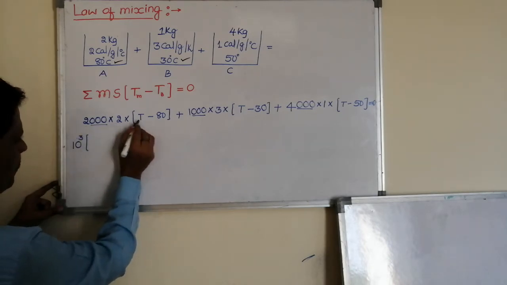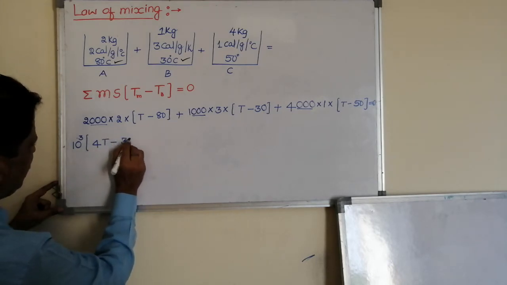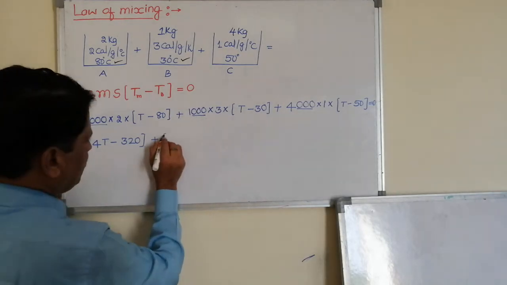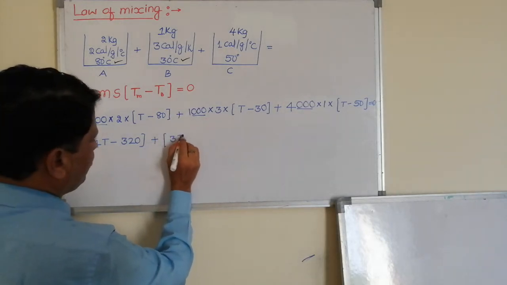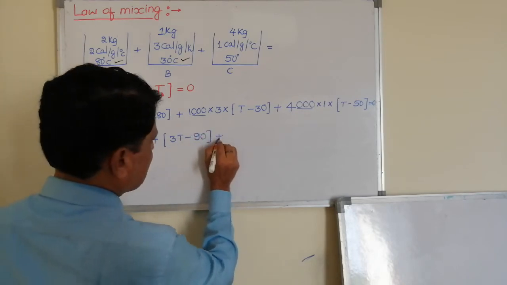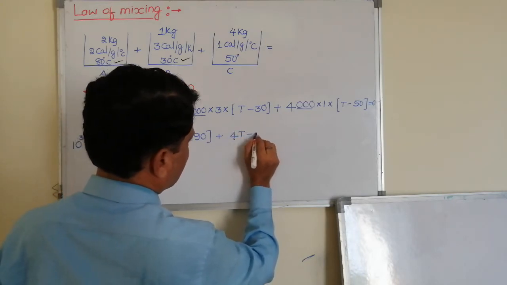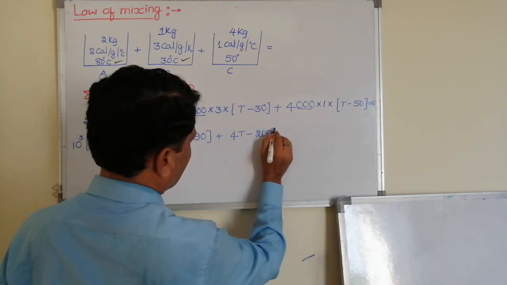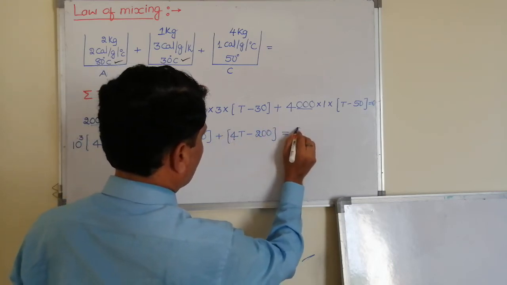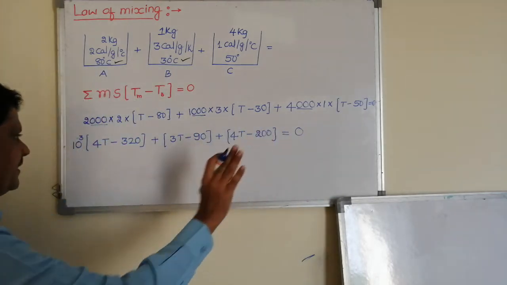Then 2 into 2 is 4, it's 4T minus 320 bracket close, plus 3T minus 90, plus 4T minus 200 is equal to 0. If I send that 10 to the power 3 to that side, it will be 0.